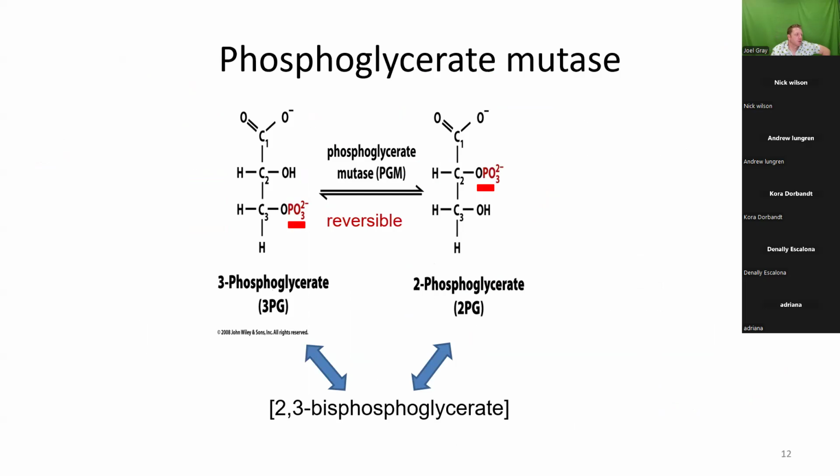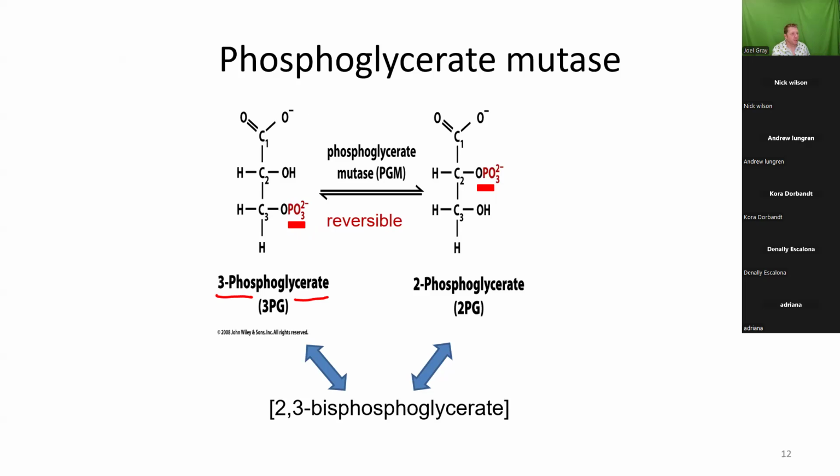So we've got 3-phosphoglycerate, the molecule that we just produced, where we've got a phosphate on carbon number 3, we've got our carboxylic acid on carbon number 1, and we're going to do an isomerization. But this isomerization is going to be catalyzed by an enzyme known as phosphoglycerate mutase, or PGM.